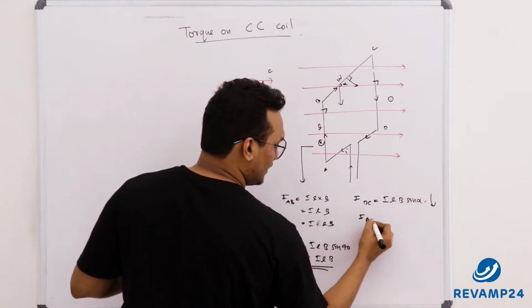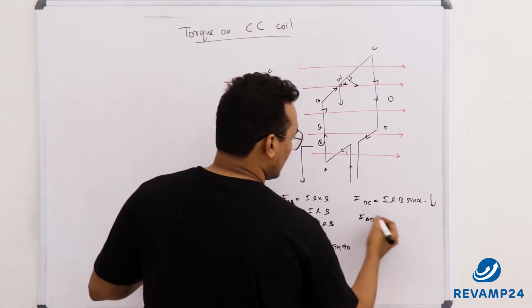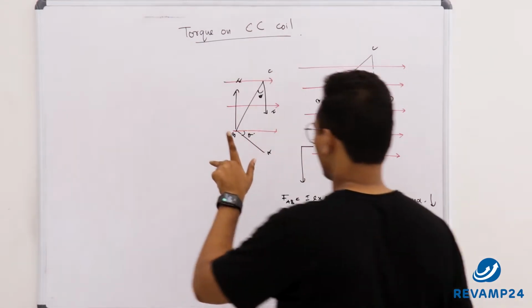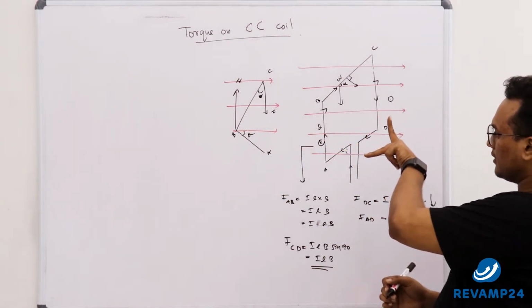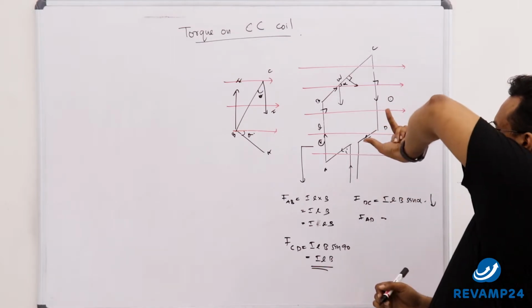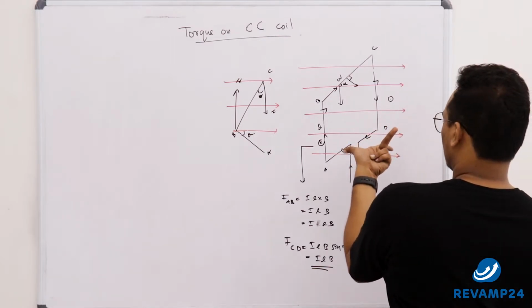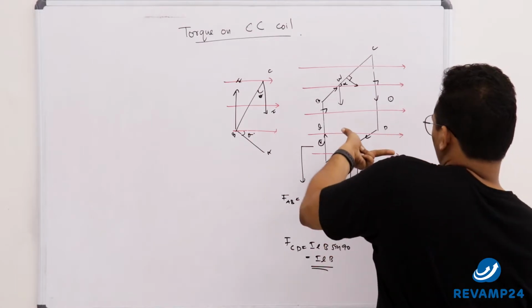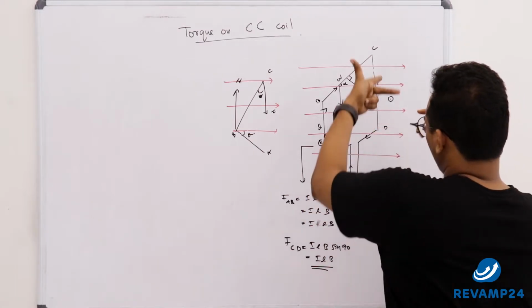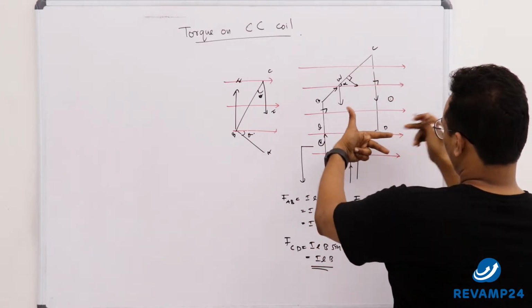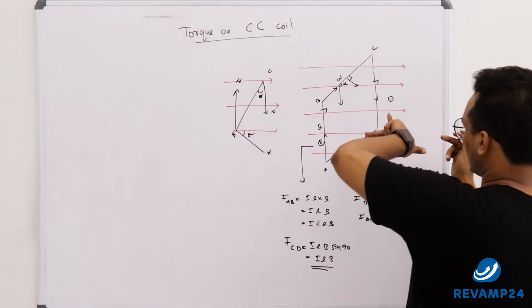What is FAD? Force on this. Current is in this direction. Magnetic field is in this direction.